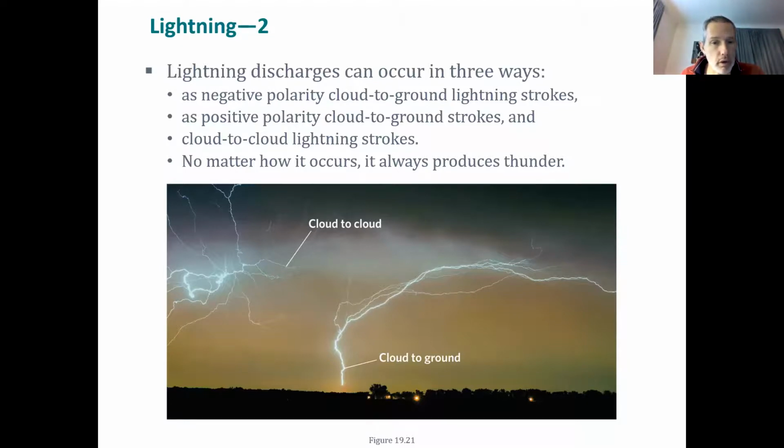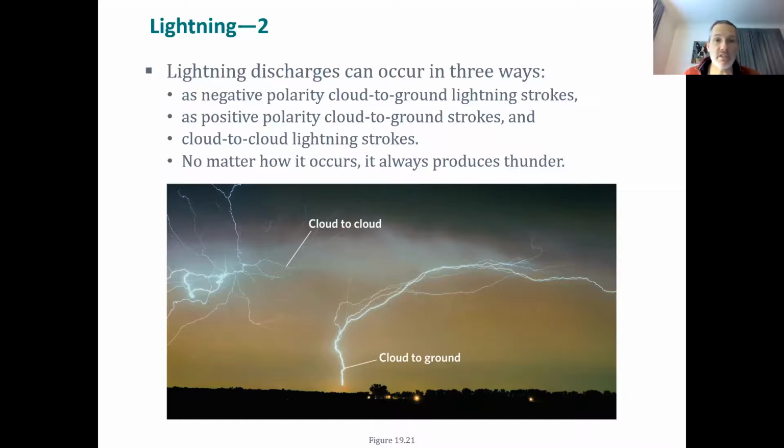And so that's cloud to ground lightning. And you can actually see that in this case. Positive polarity clouds to ground strikes: if you had an excess amount of electrons in the ground and not enough in the cloud, what you're going to end up with is the lightning going the other way. And then cloud to cloud lightning strikes.